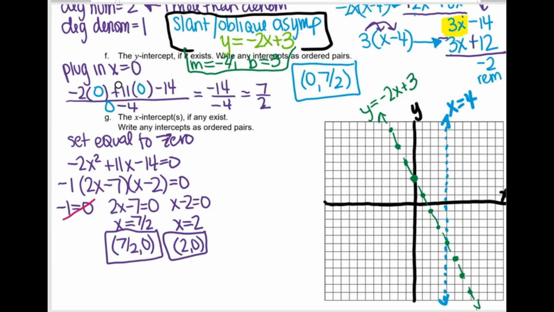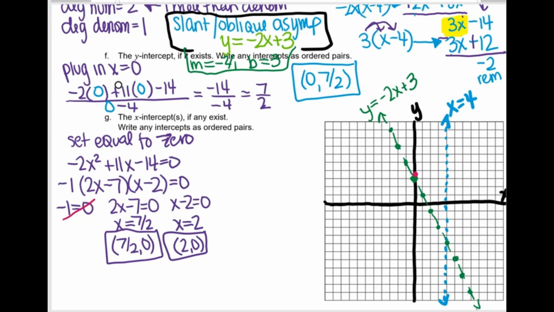Now let's plot the ordered pairs we already have. We have 0, 7 halves. 7 divided by 2 is 3.5. So 1, 2, 3.5, hanging out right there. We have 7 halves comma 0.